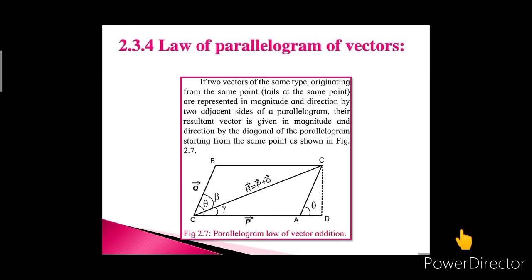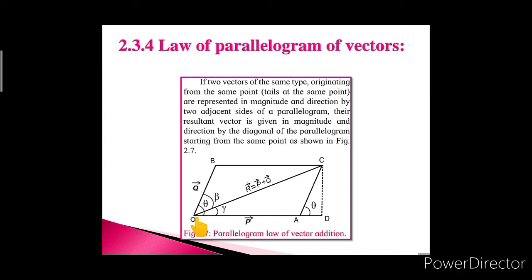As per this law, when two vectors of the same type are originating from the same point, as at a point O, the vector P is originating and vector Q is originating, and these two vectors are coinciding at the same point.